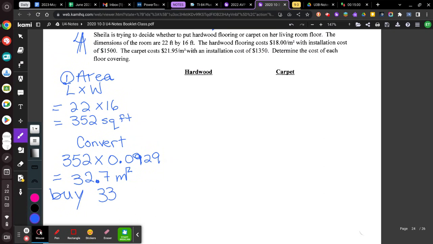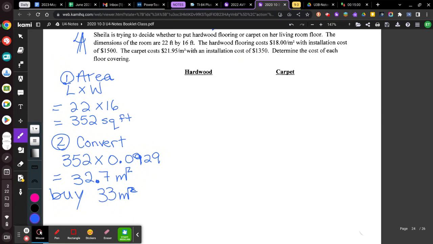So now we're going to check the pricing. So step 1 was find the area. Step 2 is convert from feet squared to meters squared. And now we've got to figure out the money.